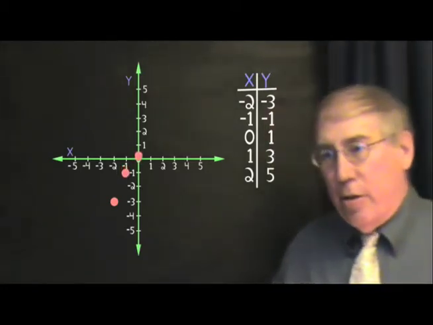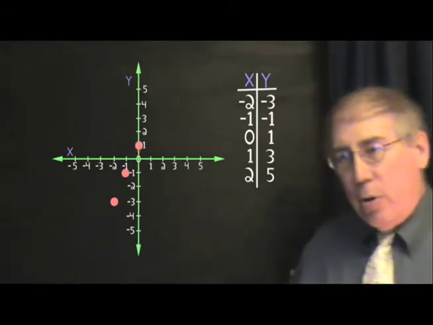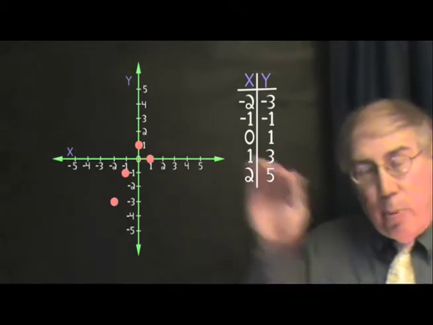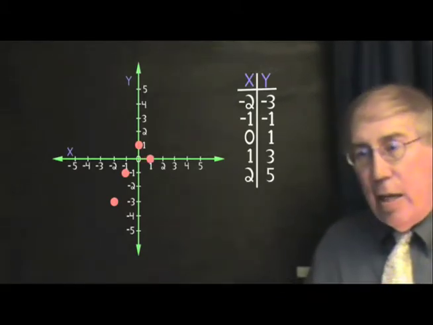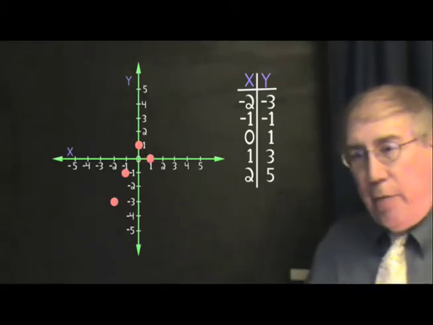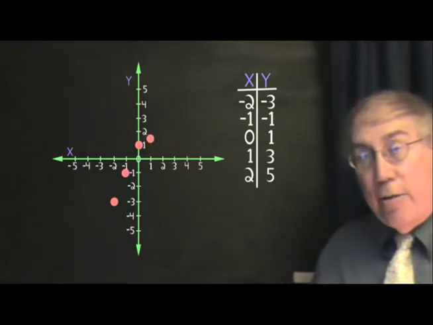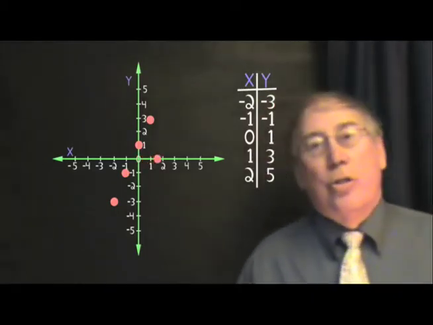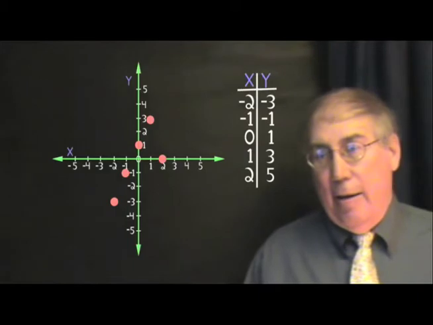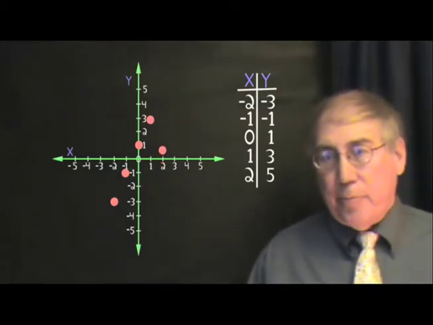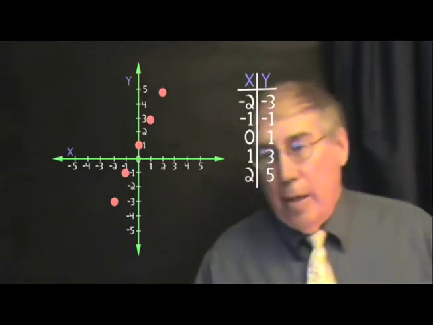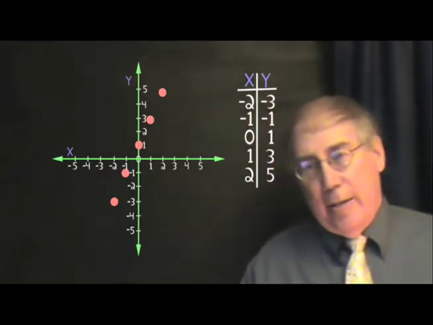And then the third point here, we don't move on the x-axis, but we go up 1 on the y-axis. Notice the points are starting to line up here. So in the fourth point, we go 1 to the right and 3 up. And our last point, we go 2 to the right and 5 up. So we have these points that are lining up, and we can connect them with a straight line.